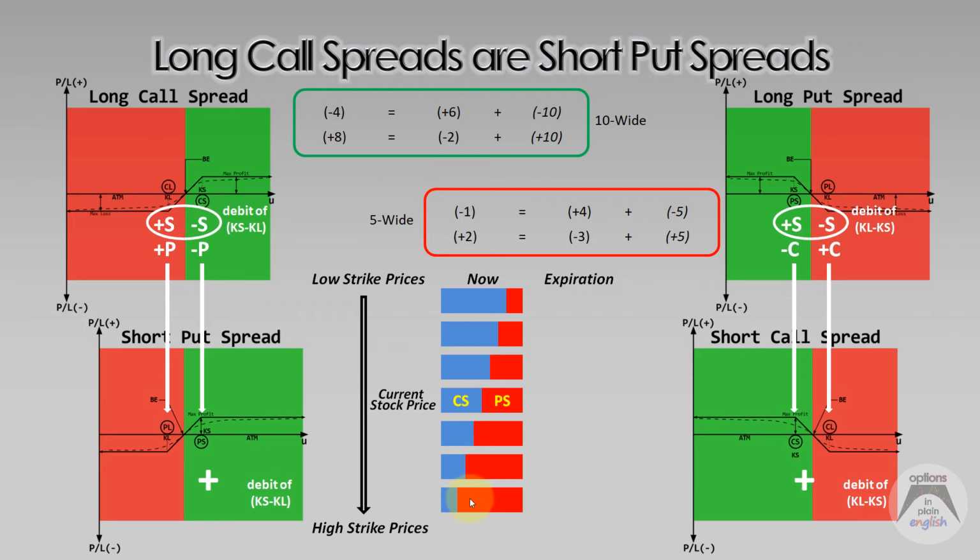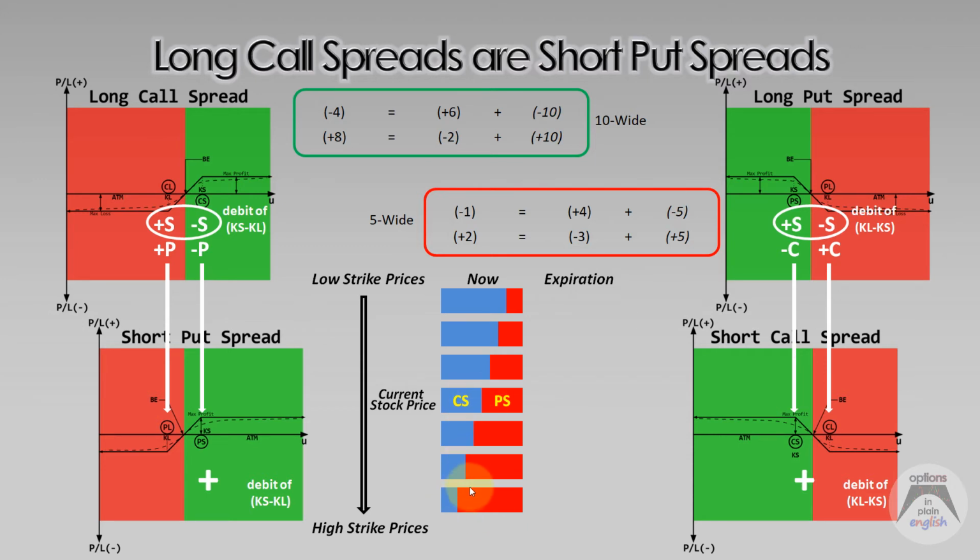And the deeper in the money you are with your put spread, the closer it's going to get to the full value of the spread, okay? So if you have, again, a spread that's $5 wide, then maybe at this strike price the put spread is going to be trading at 4.30, for example, and the call spread is going to be trading at 70 cents. Remember, one is the complement of the other on the way to the full width of the spread.